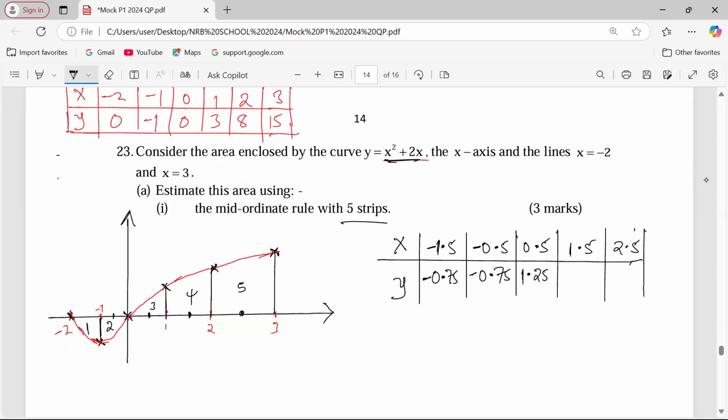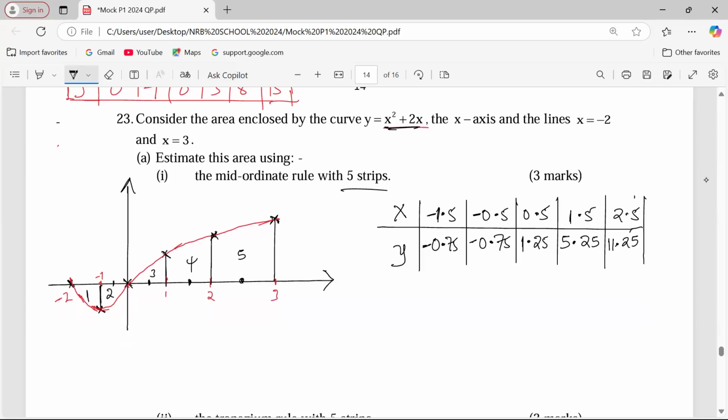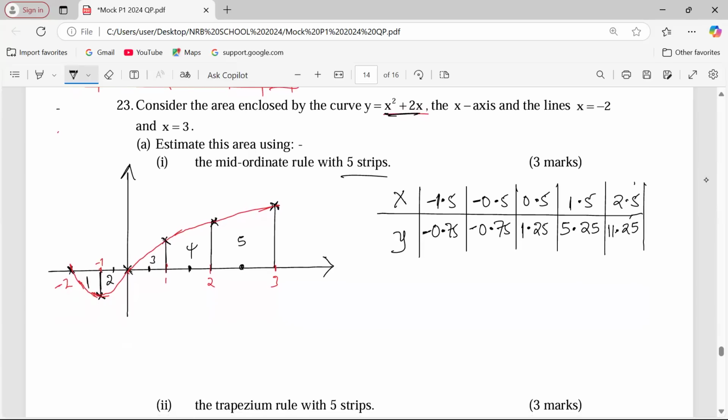Then at 1.5, we substitute, and we get 5.25. And finally, at 2.5, we'll get 11.25. So these are the middle heights now, and that is what we use for what we call area by mid-ordinate rule.